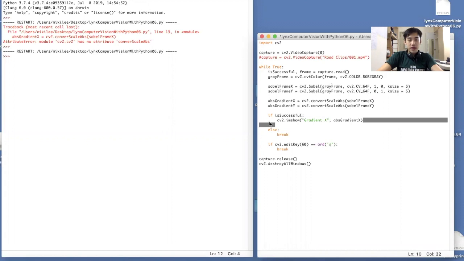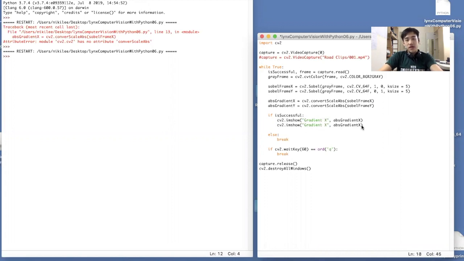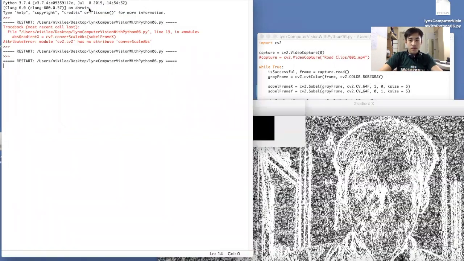And now let's print out both of them, the y and the x. Okay. Alright, so this is the sketch in the y-axis and then this is on x. So you can see the difference in the lines.